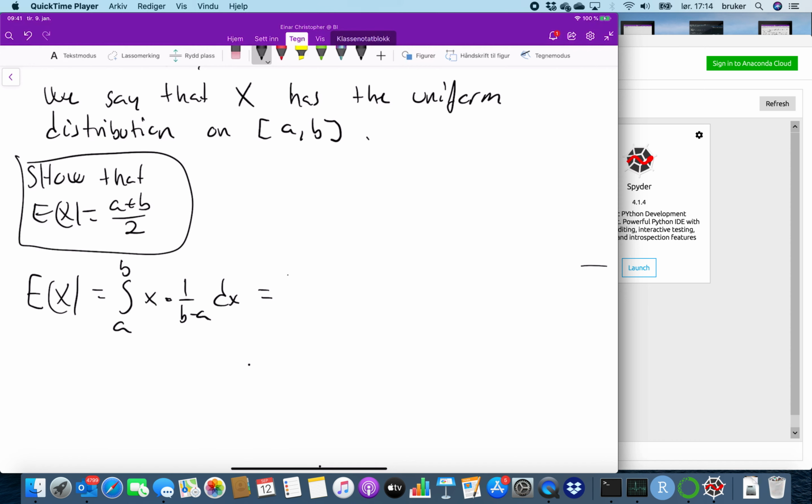And this we just integrate. 1 divided on b minus a is a constant. x integrated is 1/2 times x in the power of 2, with upper and lower limit b and a.